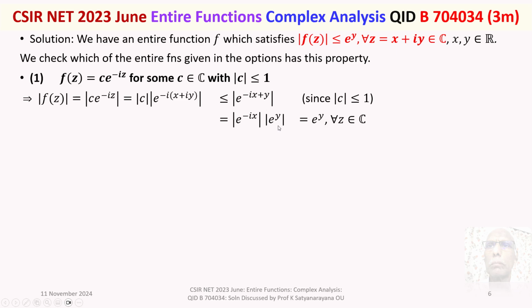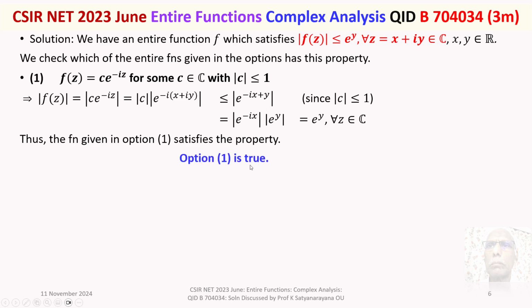So therefore it is less than or equal to e power y for all z belonging to C. Yes, this function has the given property. Therefore, the function given in option 1 satisfies the given property. Therefore, option 1 is true.